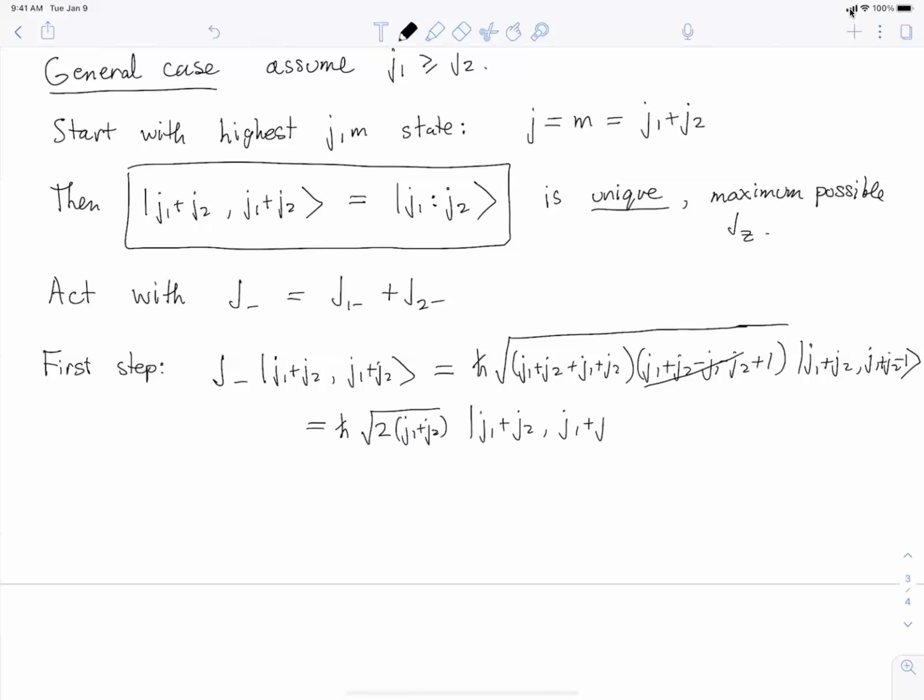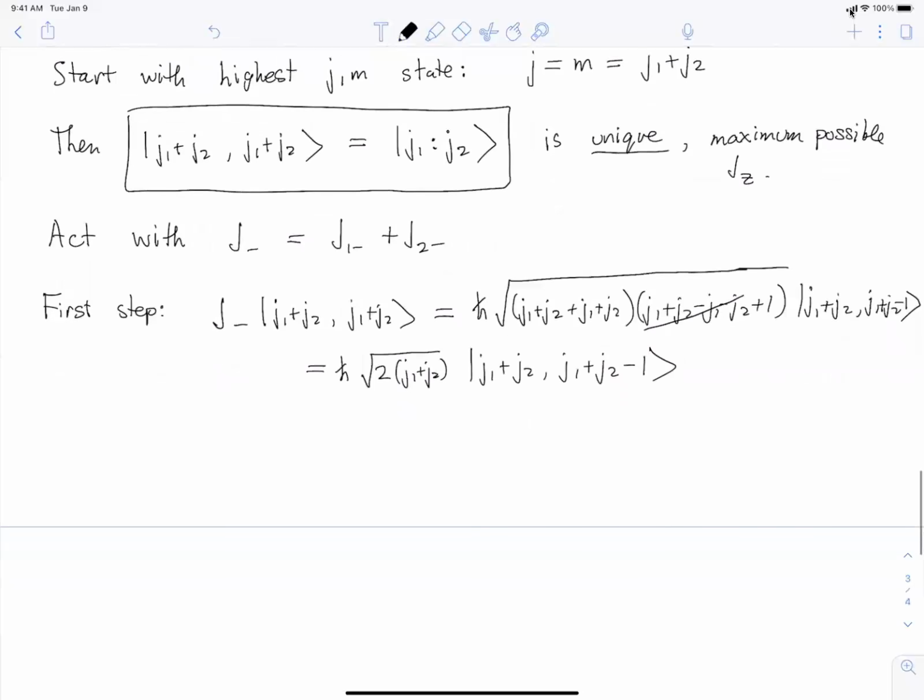And we've lowered the m value by 1 unit. So that's this version of acting with J minus. And it's also equal to this version of acting with J minus, so also equals J1 minus plus J2 minus.